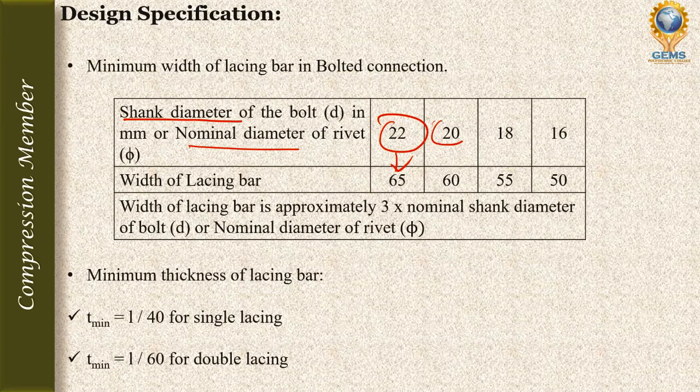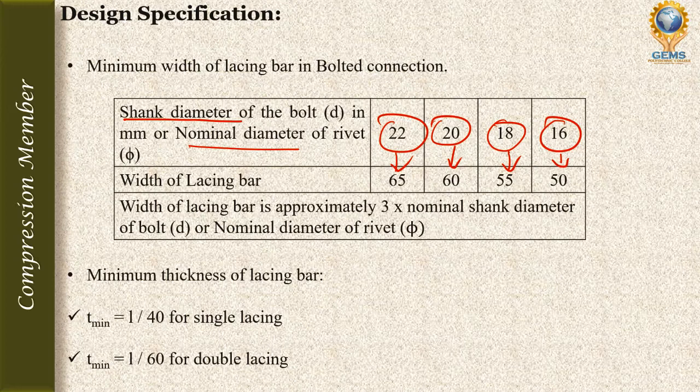If it is 20, it is 60 mm. If it is 18, it is 55. If it is 16, it is 50 mm. So we can say the width of a lacing bar is approximately 3 times the nominal diameter of the bolt or rivet.